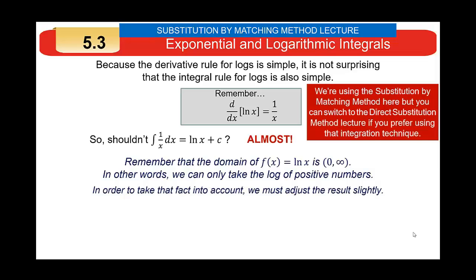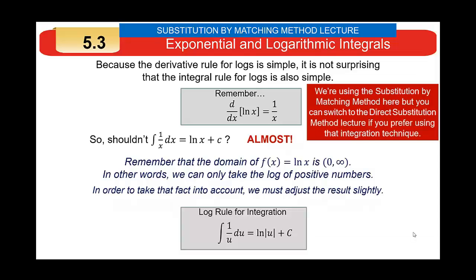So in order to account for that, and at the same time I'm going to change from x's to u's, that log rule for integration has to say that the integral of 1 over u du is not just the natural log of u plus a constant, it's the natural log of the absolute value of u plus the constant.